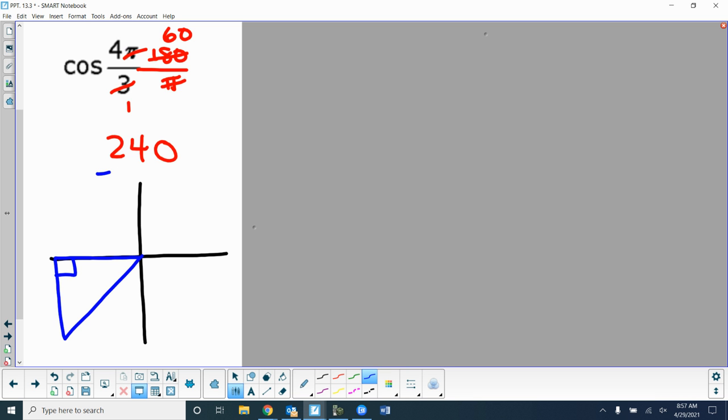What's the reference? 240 minus 180. 60. 30. Hypotenuse is always 1. Opposite to 30 is 1/2. Opposite to 60, radical 3 over 2, right? Negative though. Both negative. Cosine is the x or adjacent over hypotenuse. So what's the answer? -1/2.